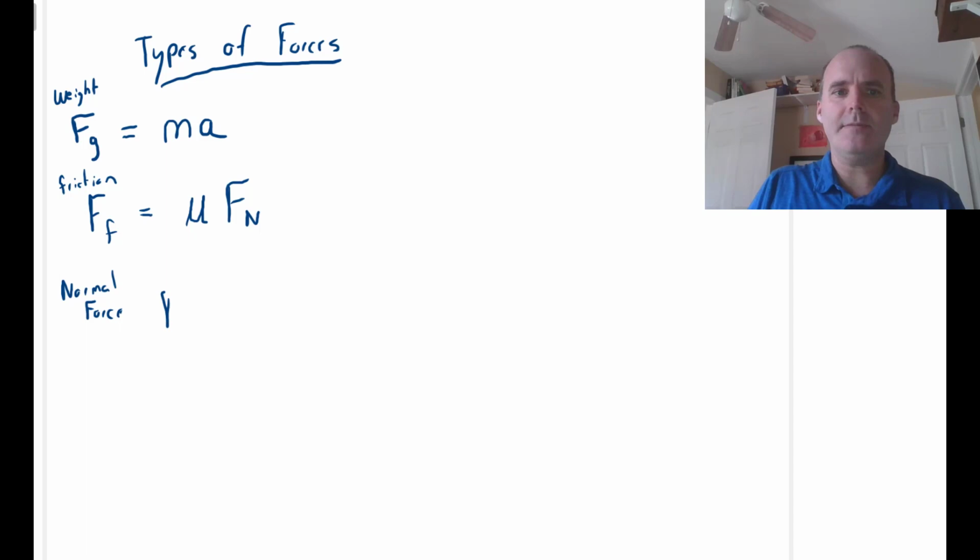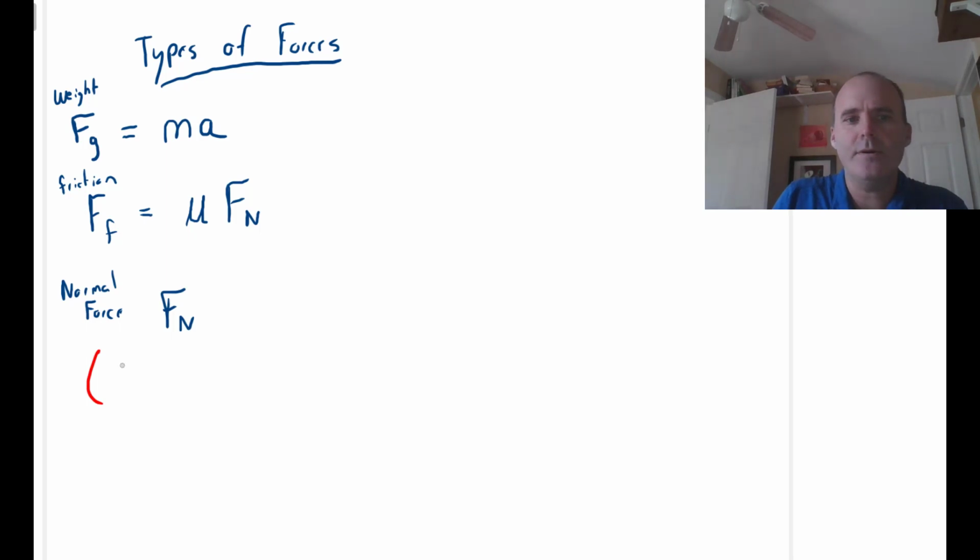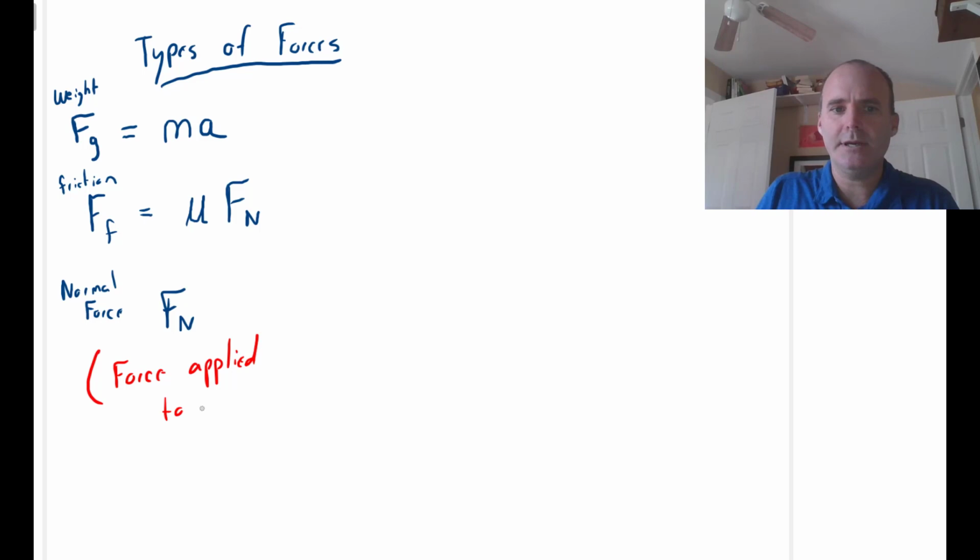So we have F of n. And let's talk about what F of n is. That is the force applied to an object by the surface.